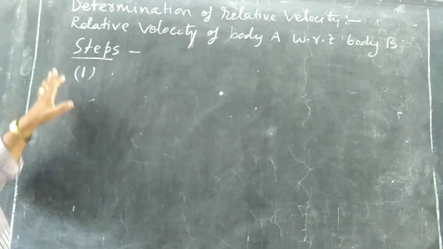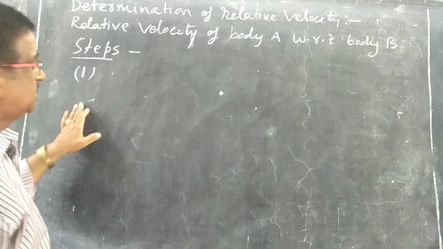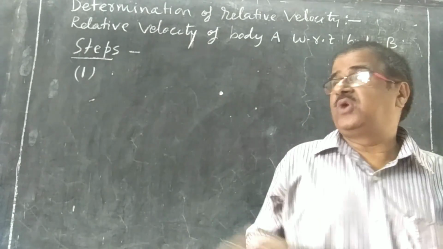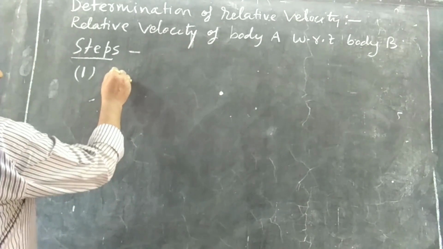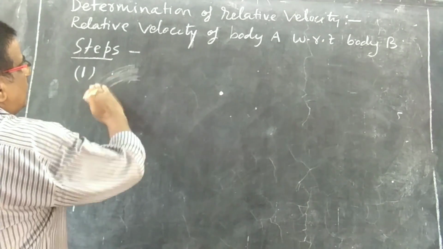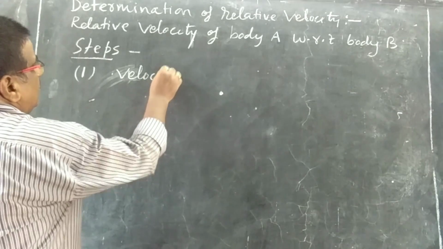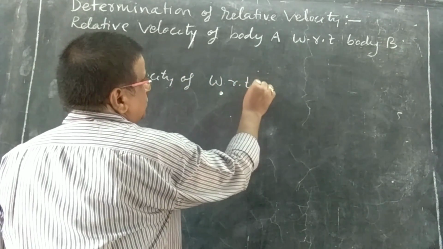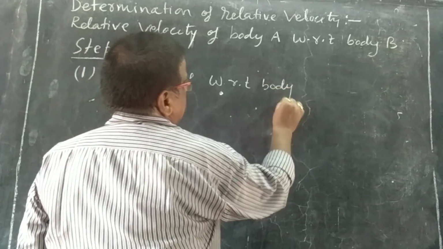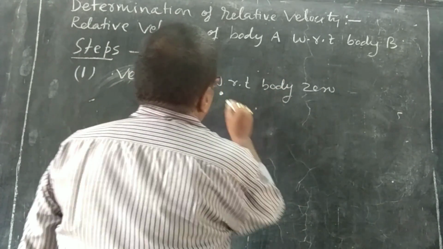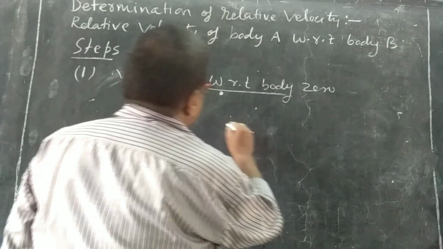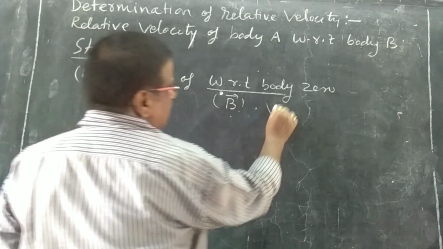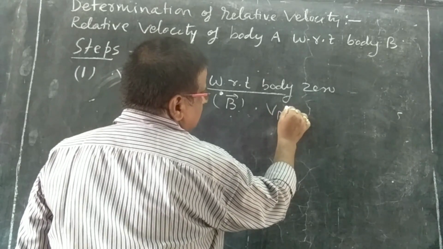So first step we have to follow is that we will make the speed or velocity of the body with respect to which we are calculating 0. Here the body with respect to which is B. So we have to make VB 0.